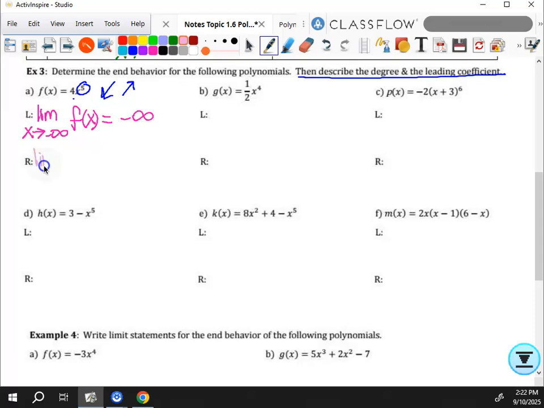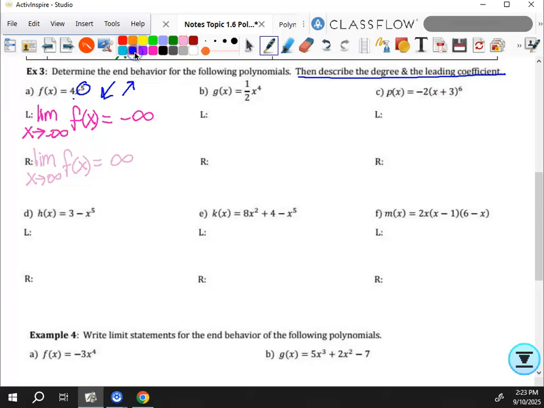And the limit as x approaches infinity of f of x equals what? Infinity. Good. Any questions? We good? All right.